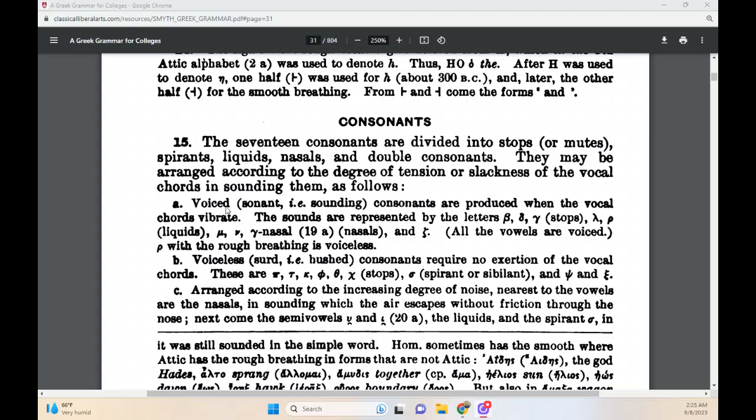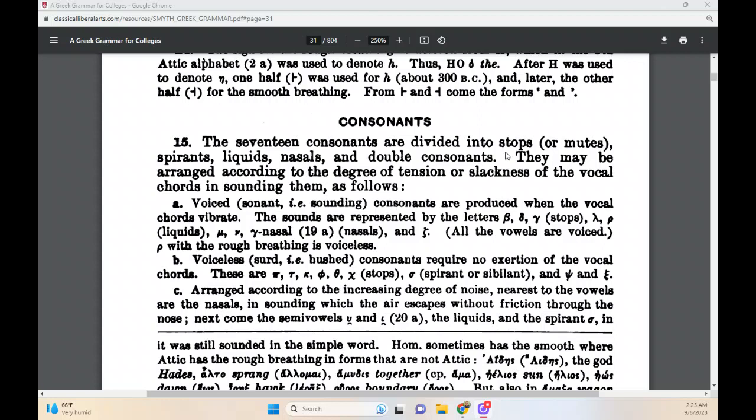So we've got voiced consonants and we've got voiceless consonants, and notice that they're divided into the groups that are listed up here in Article 15: stops, spirants, liquids, nasals, and double consonants.